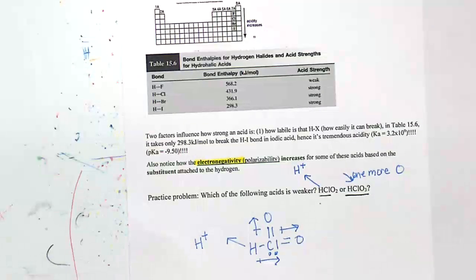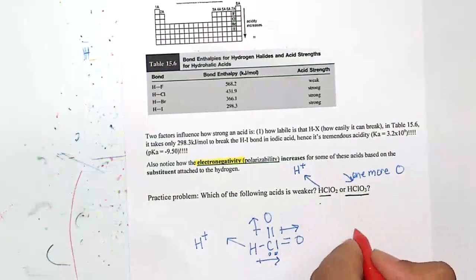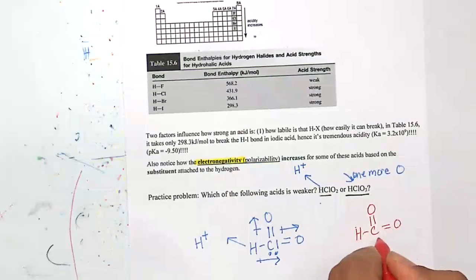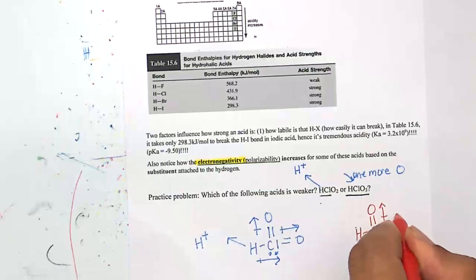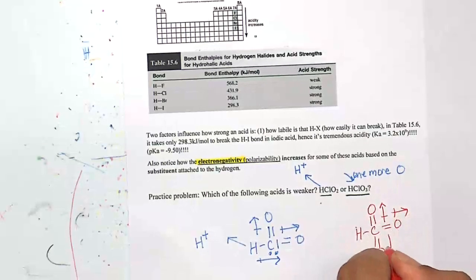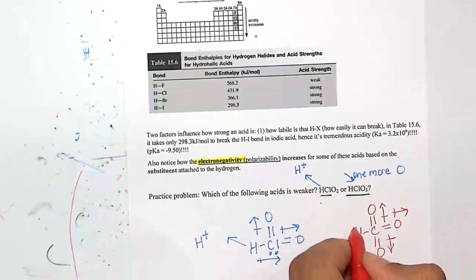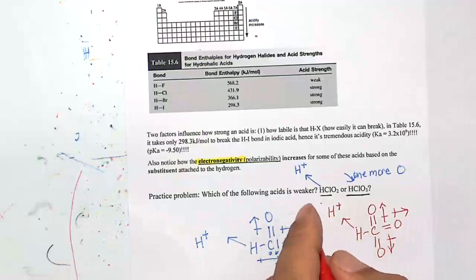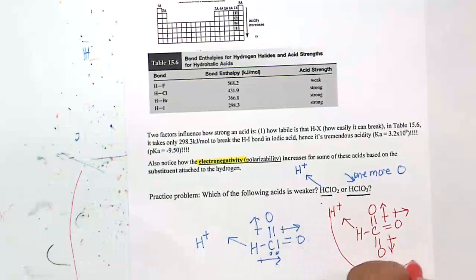Okay, now we're adding a third oxygen. Okay, that's a lot of pulling. So more electronegative pull, the stronger the acid will be.